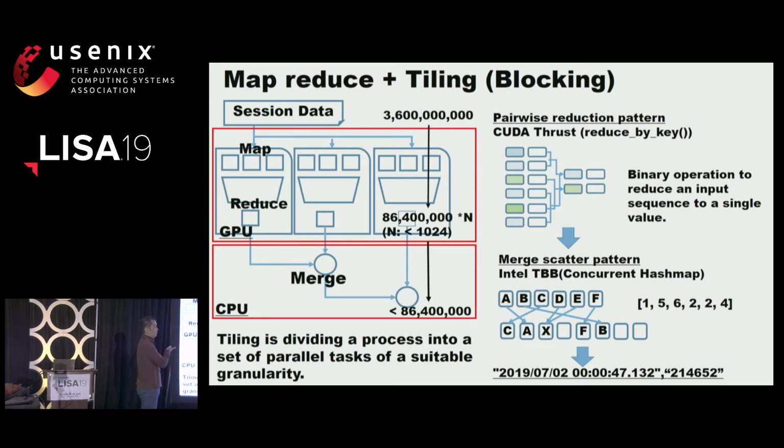This is the most important slide I would like to inform the audience. This is a combination of CPU and GPU. I want to say that the CPU and GPU are complementary. Tiling is a design pattern for dividing a procedure into several steps of suitable granularity.